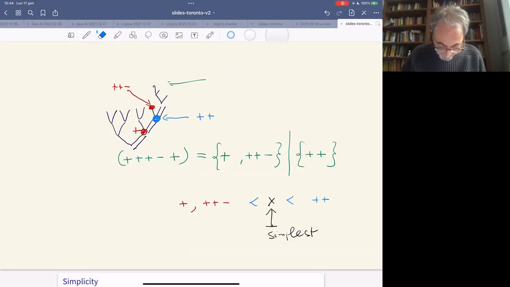Okay, so it's not this one. So let's compute. It should be smaller than the blue, but bigger than the red.